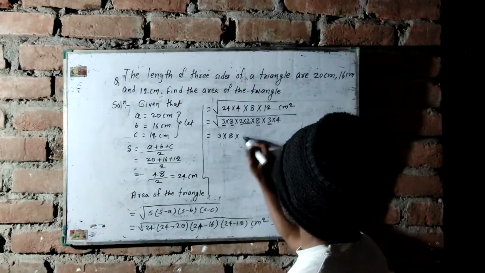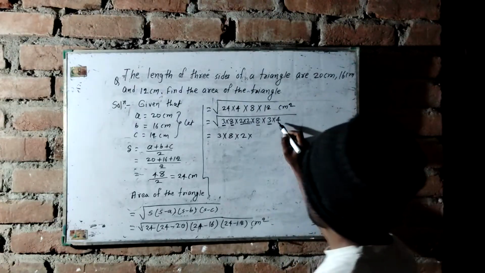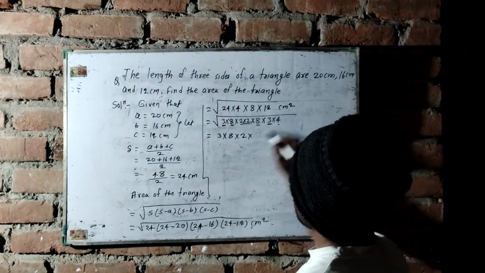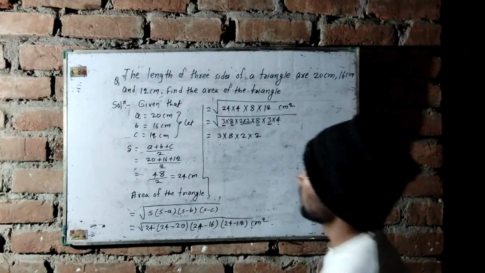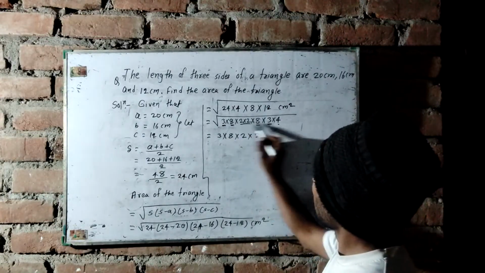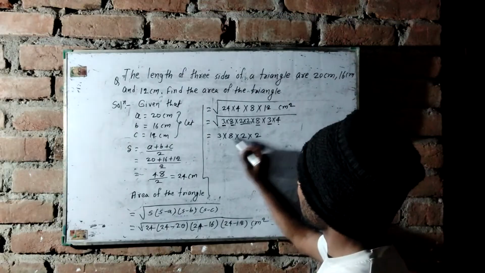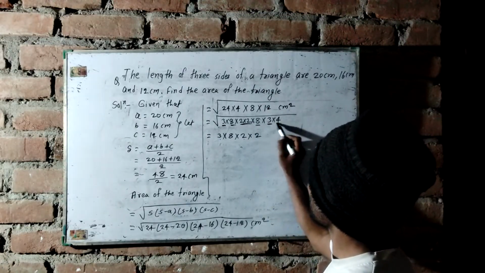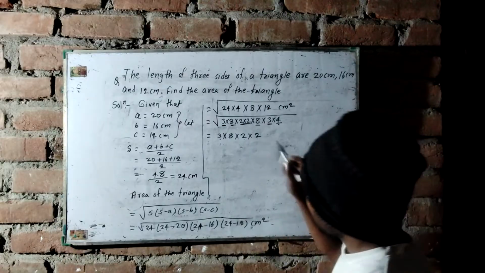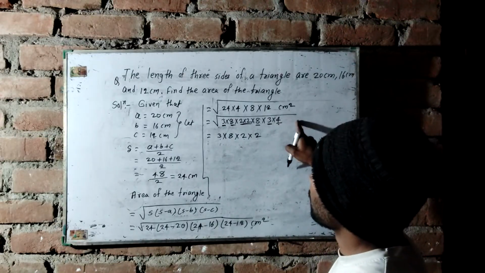Because this and this make pairs, we can write 8 here, and here we can write 2, because the square root of this and this will be this, and the square root of this will be this. So you can also write this number as 2 into 2.